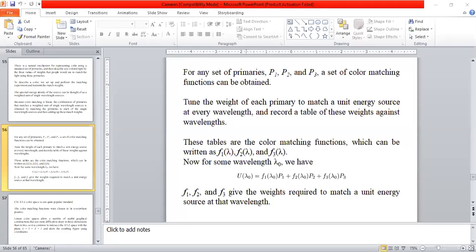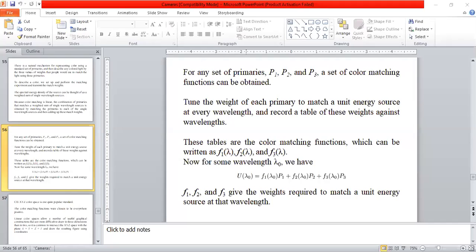To continue from that, before the representation of a color, we already discussed how to match a test light with the help of three different primaries by tuning their weights.